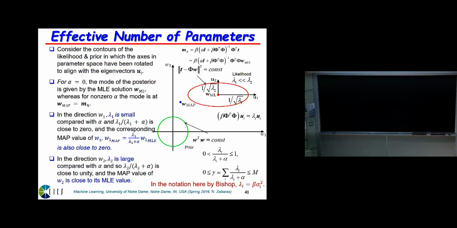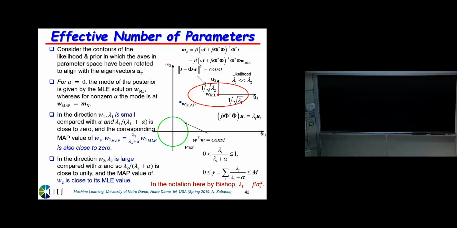So for now, you have to trust me that if lambda 1 is the smallest of the eigenvalues, it implies that the uncertainty in W in the direction U1 is the highest. You can actually see it even here. If you look at the variance of W from the posterior we computed in the direction U1, you will see that's the highest uncertainty.